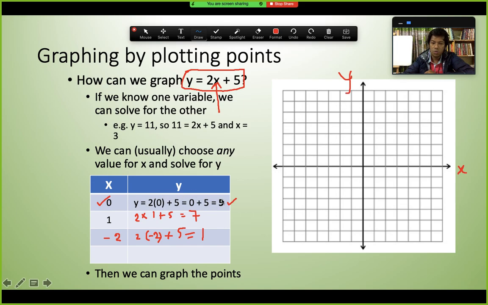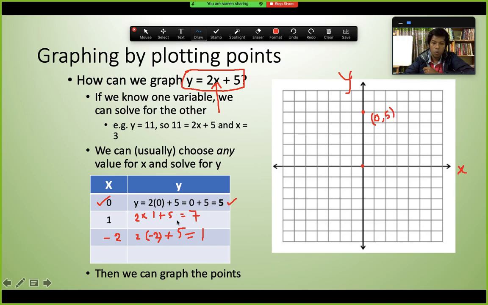So x is 0, y is 5. X is 0 here. Y is 5: 1, 2, 3, 4, 5. Y equals 5 is here. In the ordered pair format, this is the 0, 5 point.